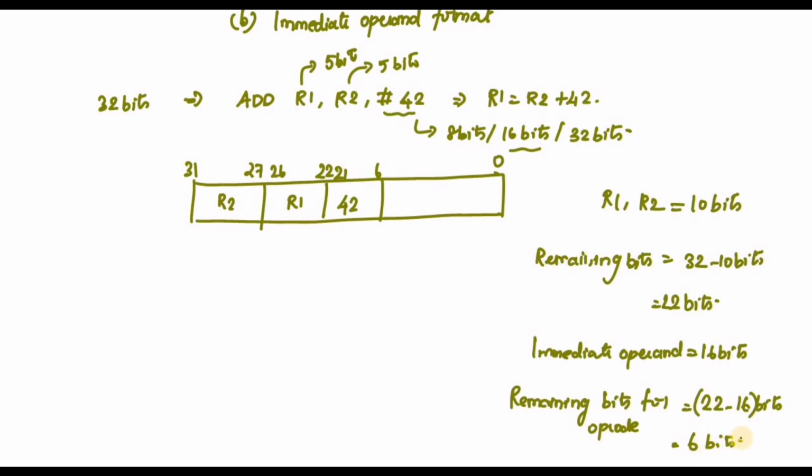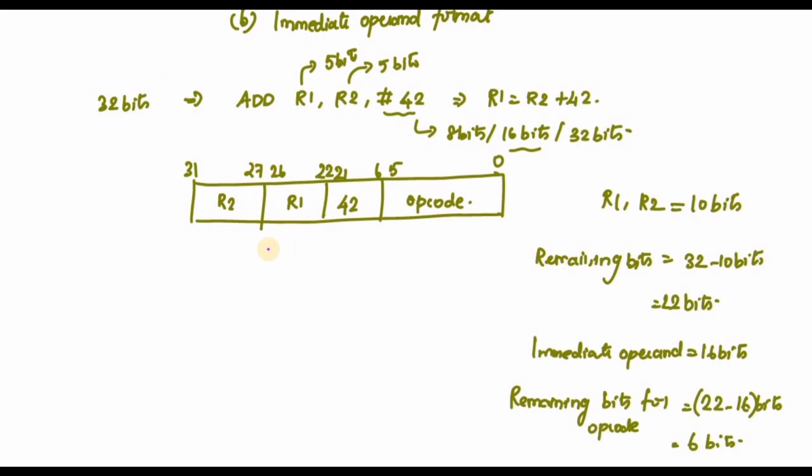So 6 bits, 0 to 5, are assigned for the opcode.